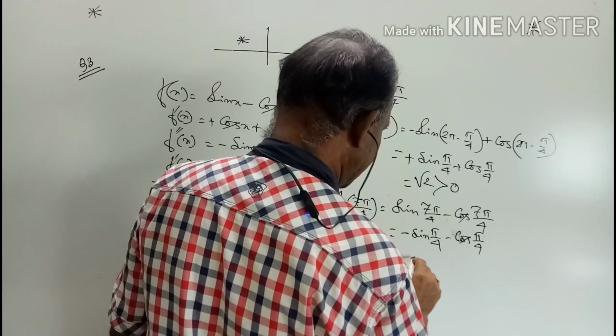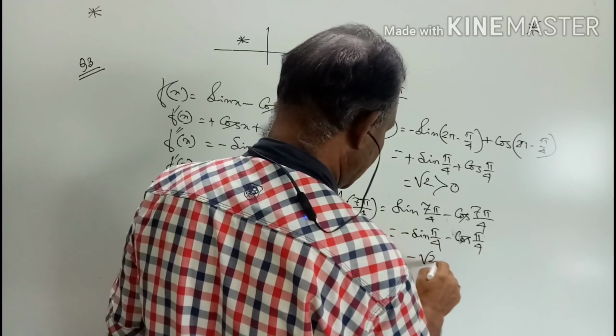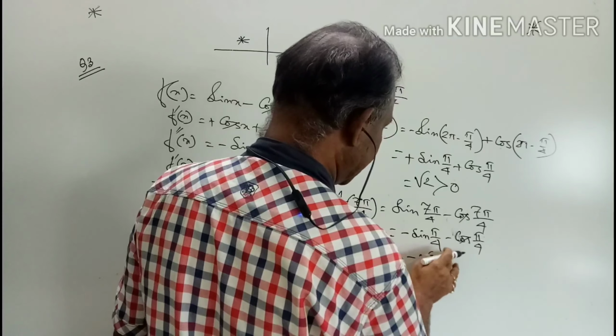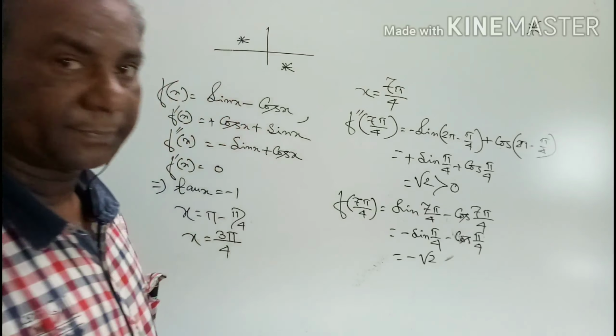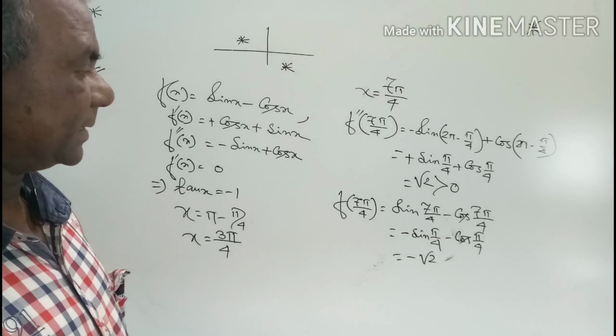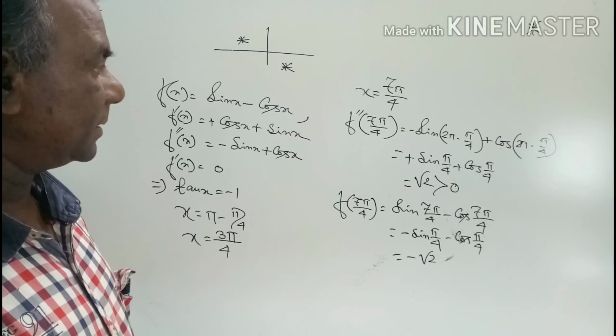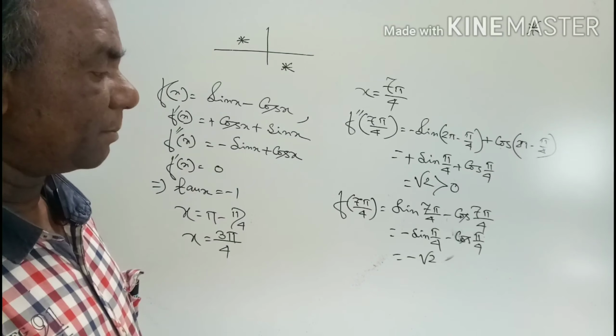So it will be minus 2 by root 2, this is the minimum value. So the given function has minimum value at x is equal to 7 pi by 4, and the minimum value is minus root 2.